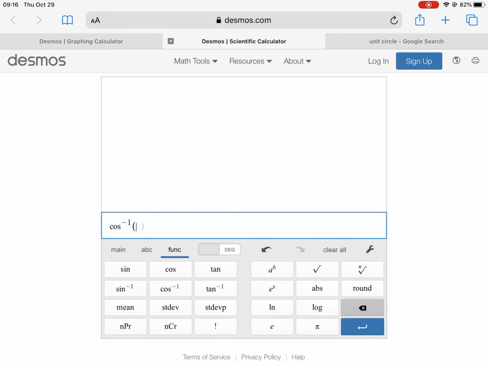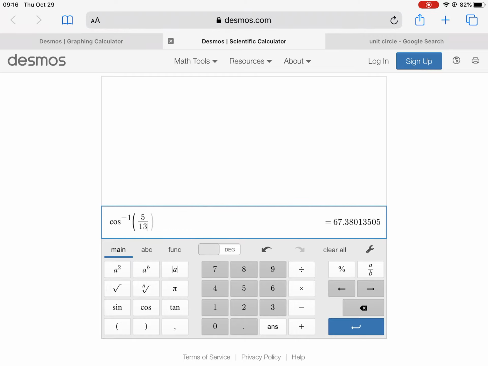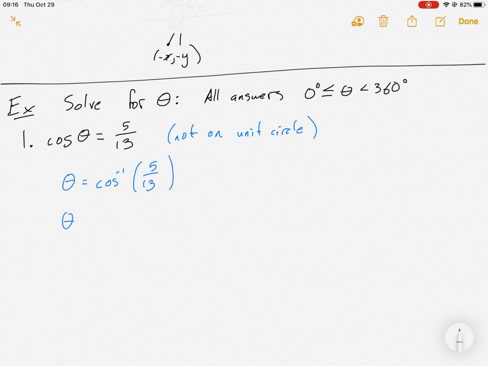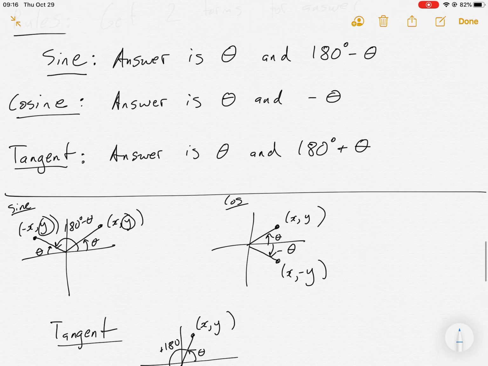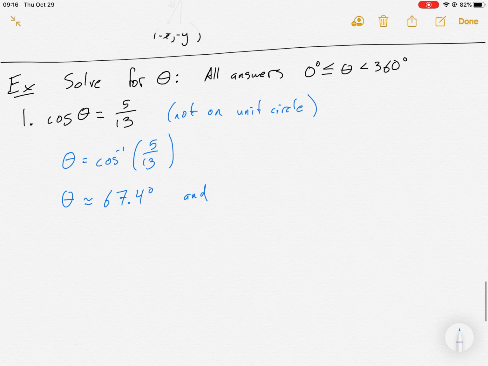So let's go ahead and find cosine inverse of 5 over 13. 67.4 degrees. So theta is approximately 67.4 degrees. And let's go back to our rules. So we're in cosine, we get theta and we get negative theta. So the other option is negative 67.4 degrees.